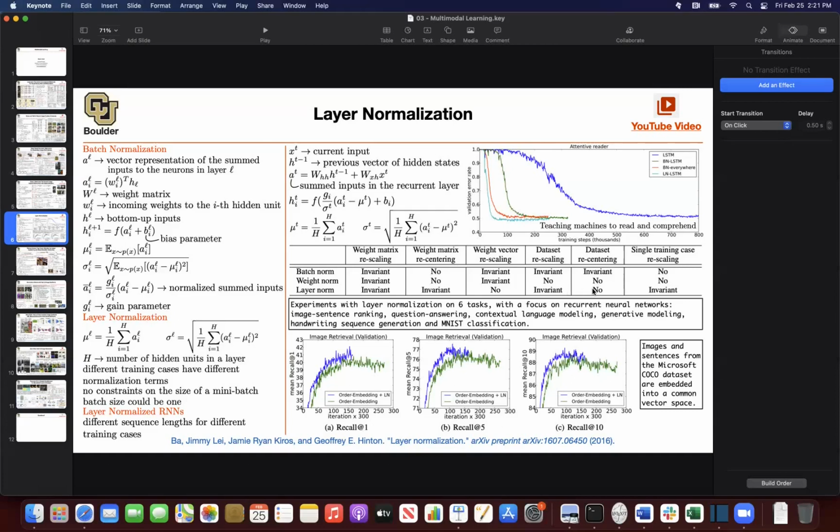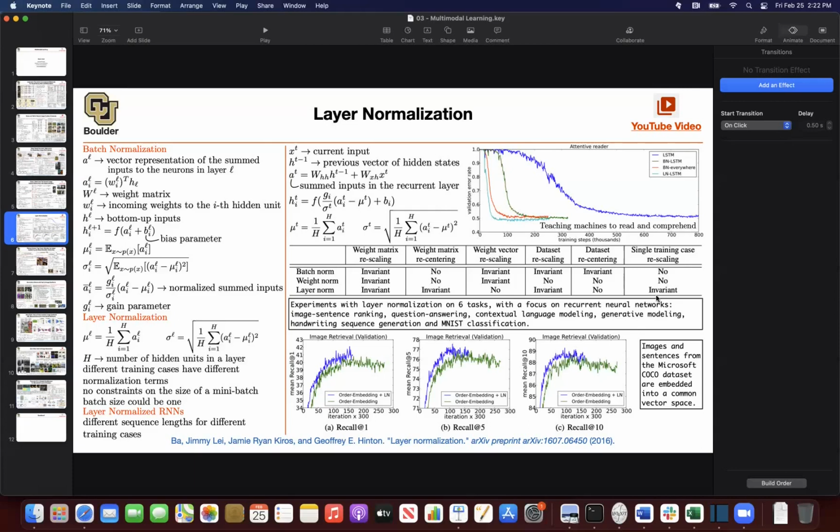So these invariances are useful. Layer norm has data rescaling, it doesn't have data recentering. So if you shift your data to the right, then your model is not going to converge. This is also important: single training case. If you take one of your training cases and scale it, perhaps this is a bad property to have, and layer norm is invariant to that.